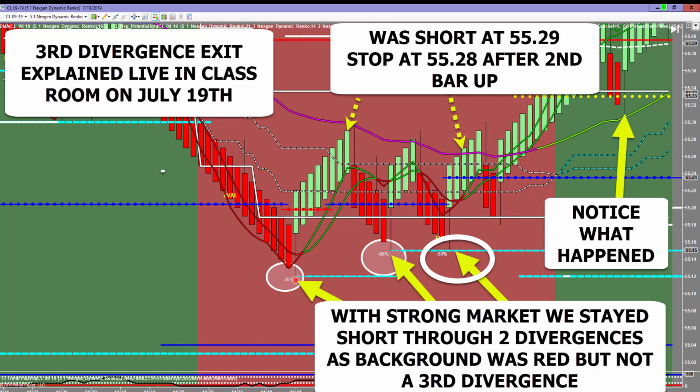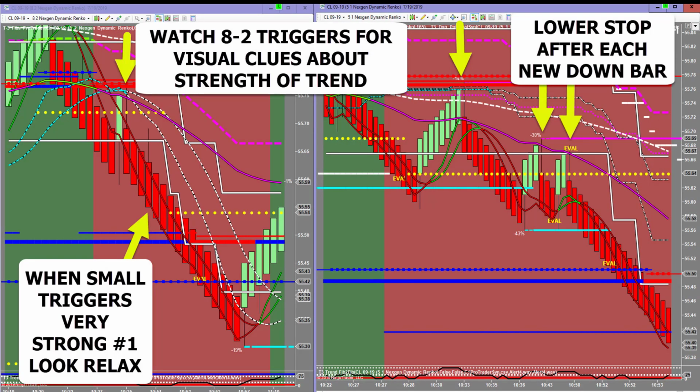It was really strong, so we ignored divergence, and we ignored the second divergence, and then the class was coming to an end, and I said, look, guys, if we get a third divergence, meaning we get to about 55.27 or 55.28, we need to be out of the position, because 3 divergences on the small chart for the first time usually will reverse the markets. Lo and behold, it did. We made 1 tick, no harm done. Again, it's a matter of when to hold and when to get out of there.